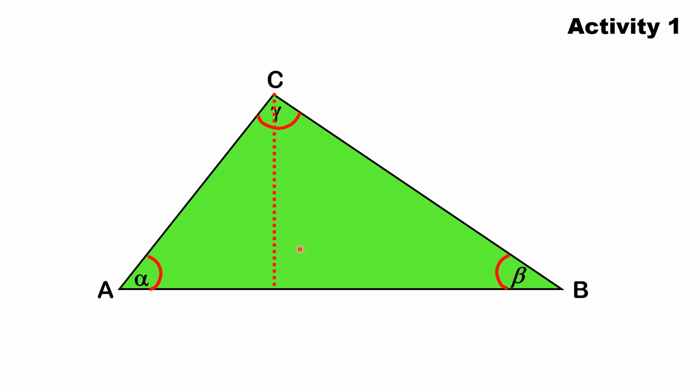The intersection point between the line we created and side AB is marked with D. Thus, two right triangles appear on the left and right. We separate the two by cutting along the height line.